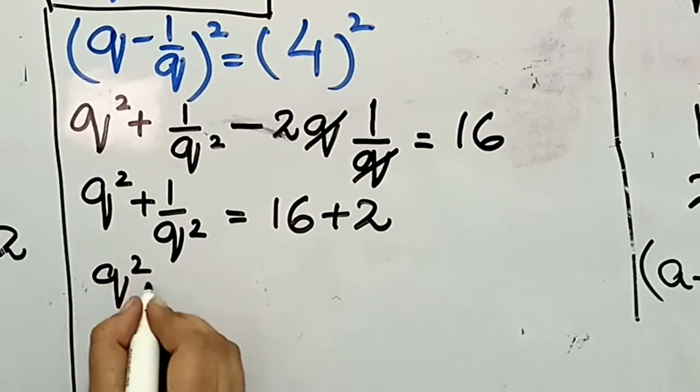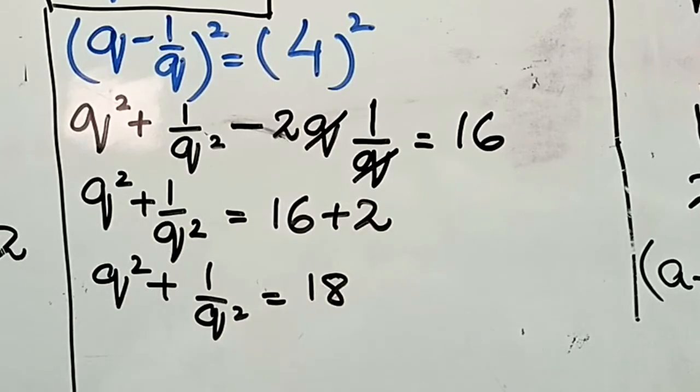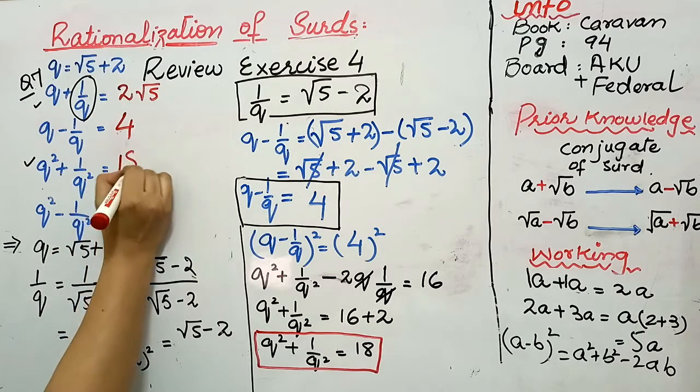So Q square plus 1 upon Q square is equal to 18.